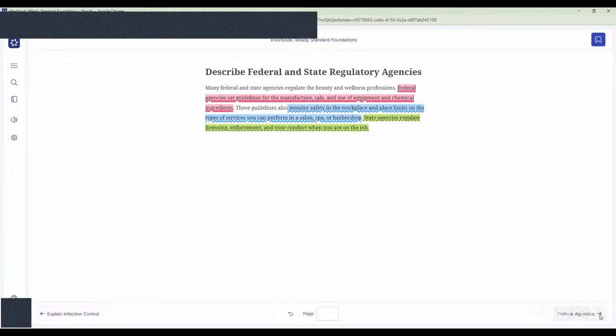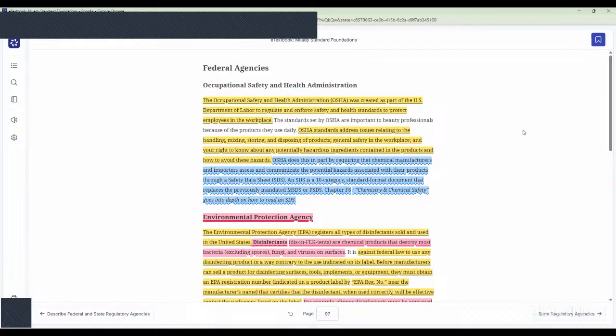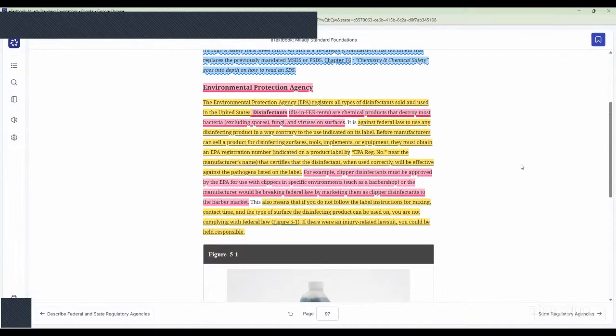Go to federal agencies. This is what we're studying: OSHA, EPA. You have to know the difference between the two.